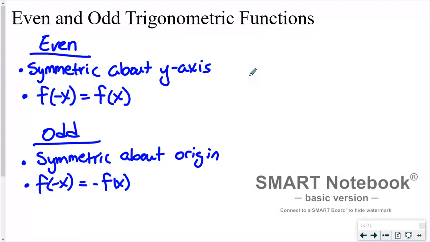Let's try a few function values, which we did yesterday, that come straight from the unit circle.